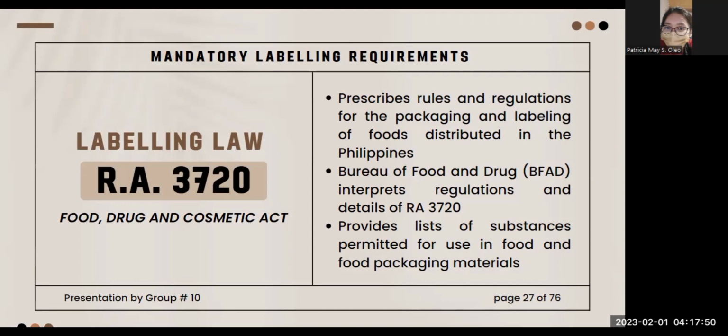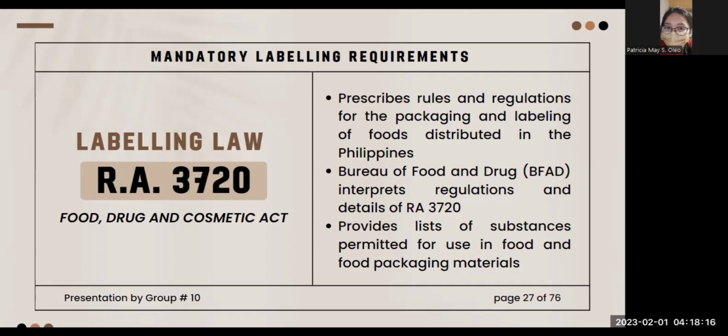So bakit nga ba may labeling law pa na dapat sundin? Bakit hindi na lang yung mismong manufacturer yung masunod, sariling business naman nila yun? It's simply because it is regulated to ensure that the label contains all critical information and that it is accurate. Siyempre, sino nga ba naman yung kakain ng food na walang informations, di ba?